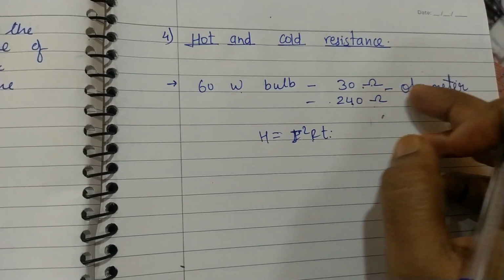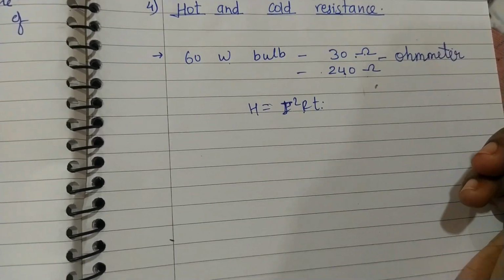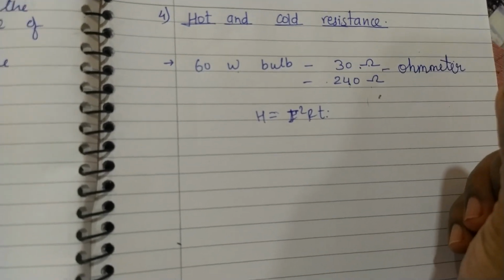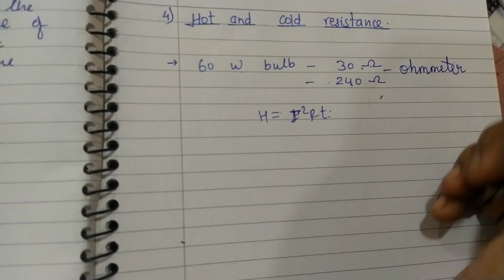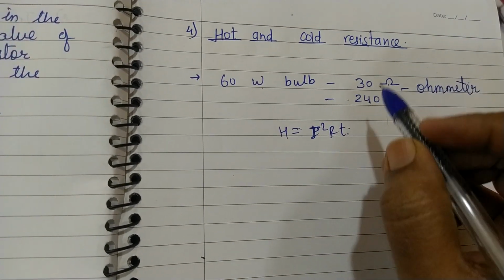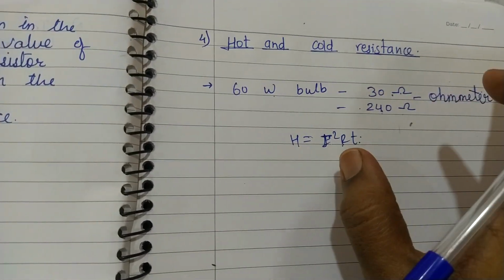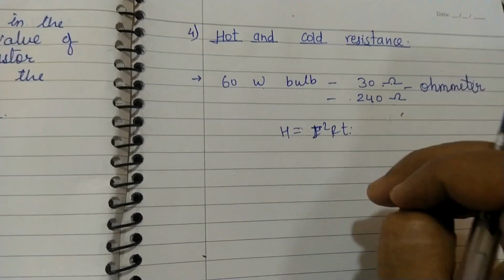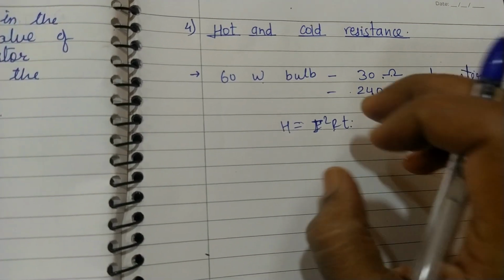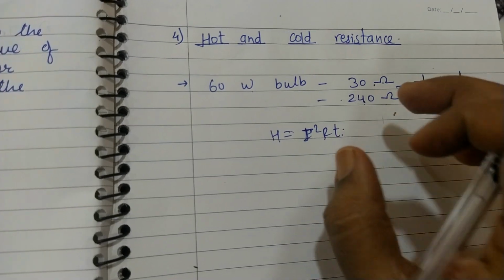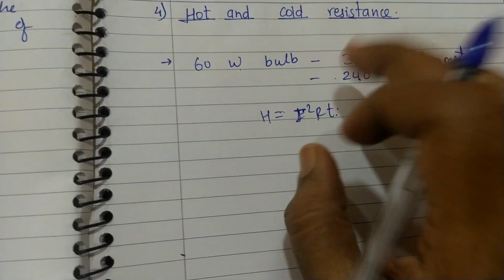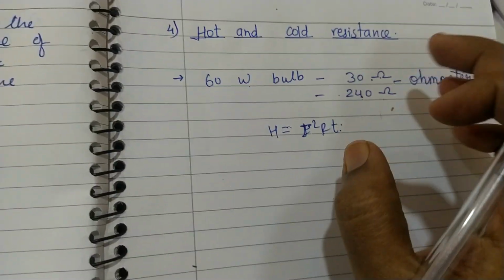This cold resistance can be measured directly with the apparatus known as an ohm meter. So this was the doubt asked by one student. If it is clear, well and good. Otherwise I will explain again, just inform me.